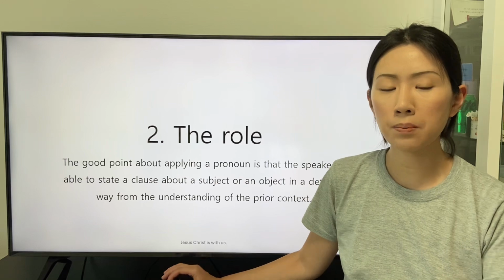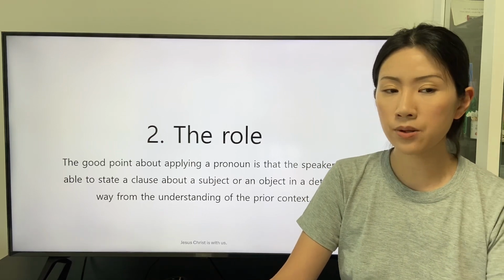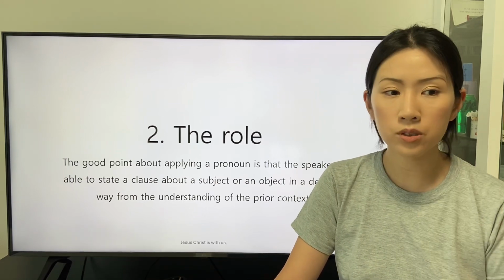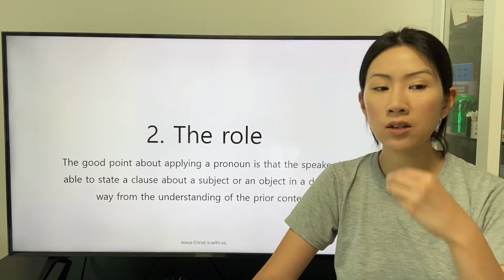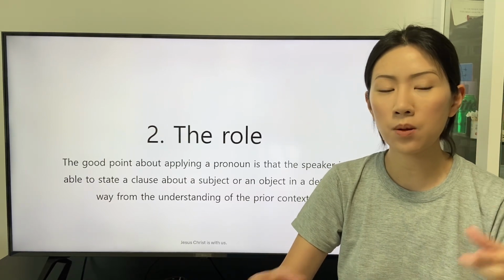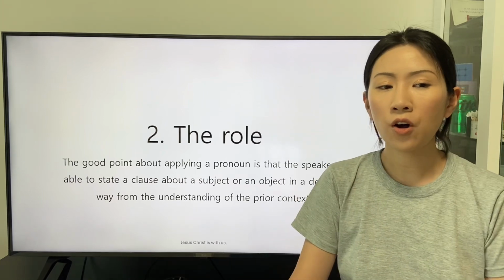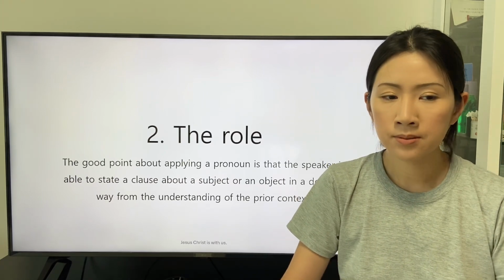The good point about applying a pronoun is that the speaker is able to state a clause about a subject or an object in a detailed way from the understanding of the prior context.